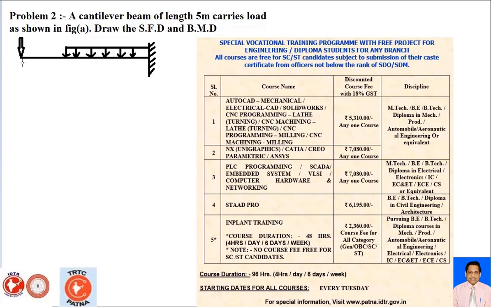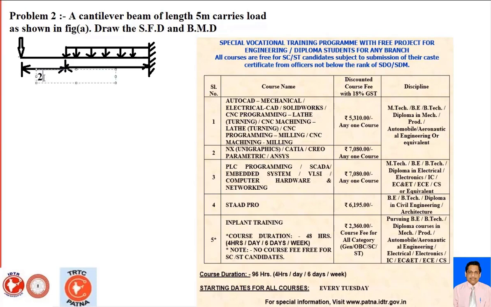So from here to here your distance is 2 meter, and from this point to this point your distance is 3 meter. So now put here the values.